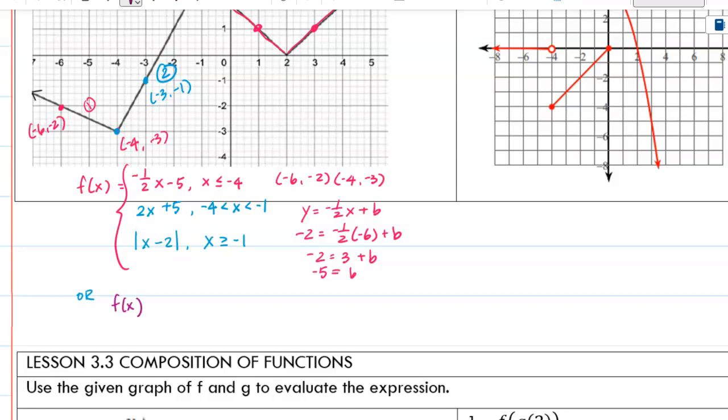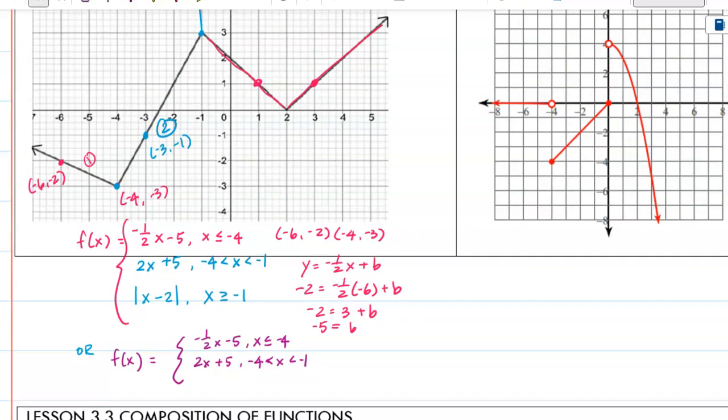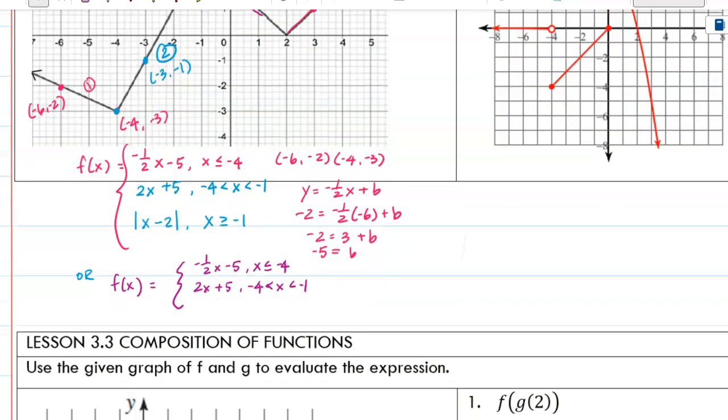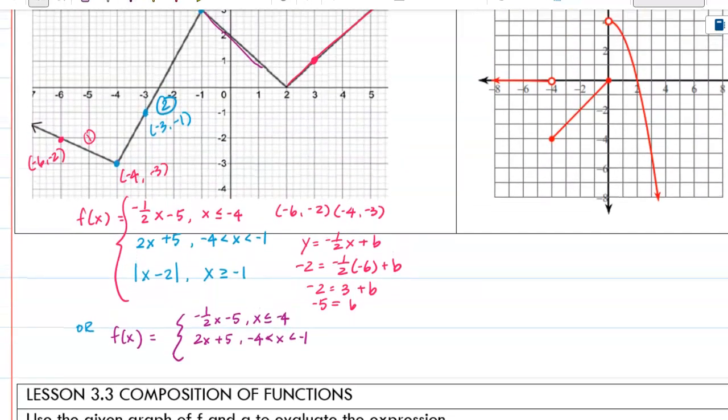Okay, f of x, the 2 first equations are going to be the same. These 2 are going to be the same. If I break that up, the y-intercept of this line right here, slope is still 1, is going to be a +2. And that's a negative line, so -x +2.